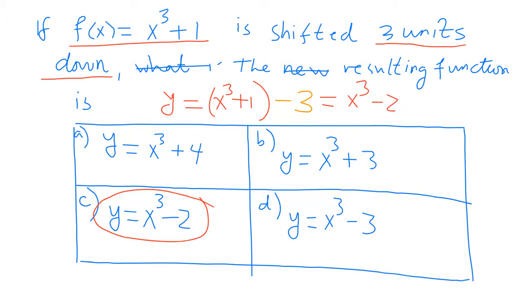Now let us move to the second set of transformation, which is the horizontal shifting. So the second set of shifting is what? Horizontal shifting, to the right or to the left. What should I do? How to produce such transformation?